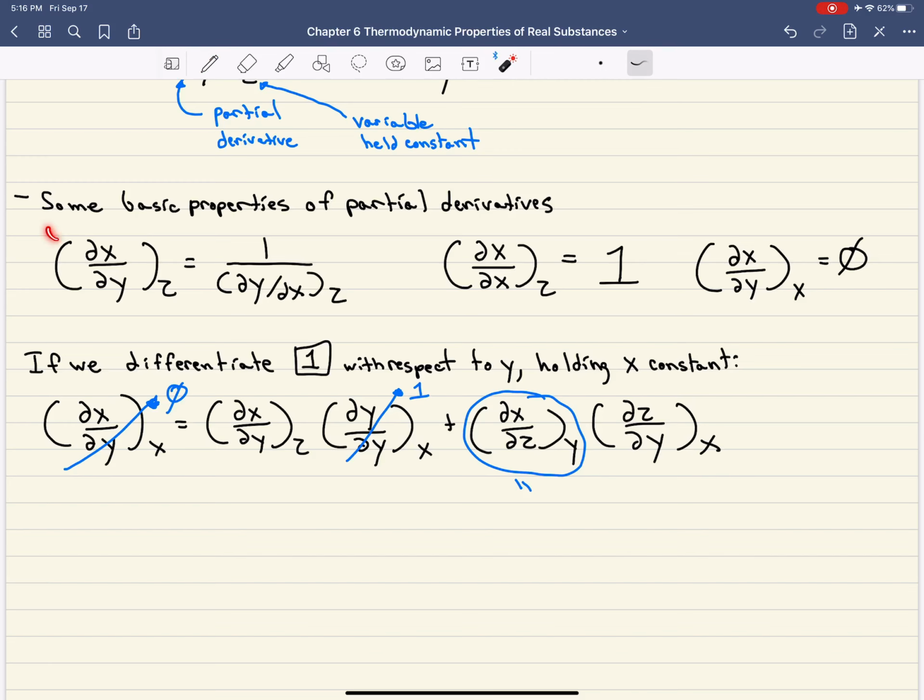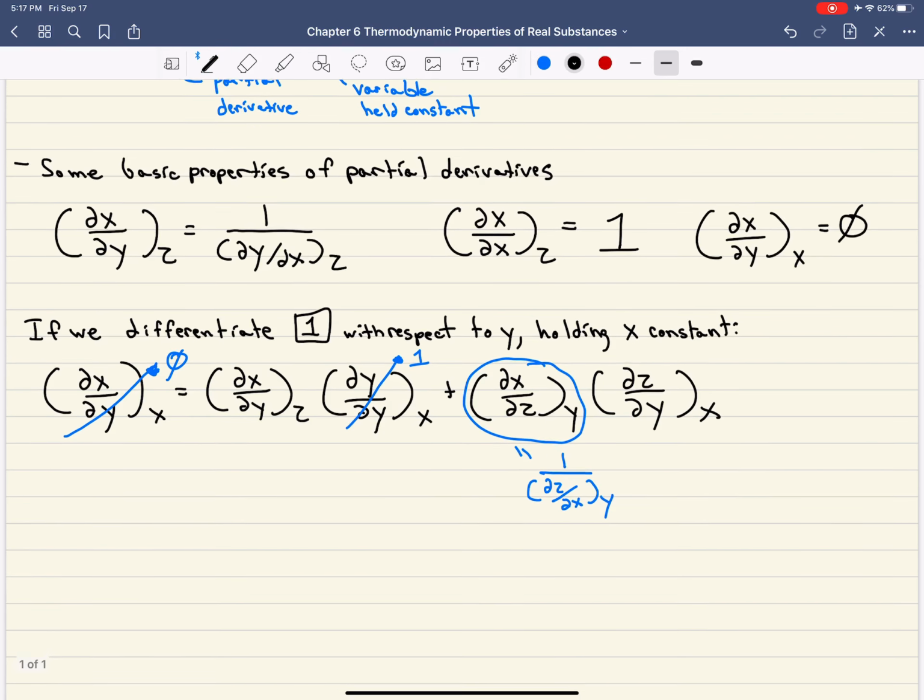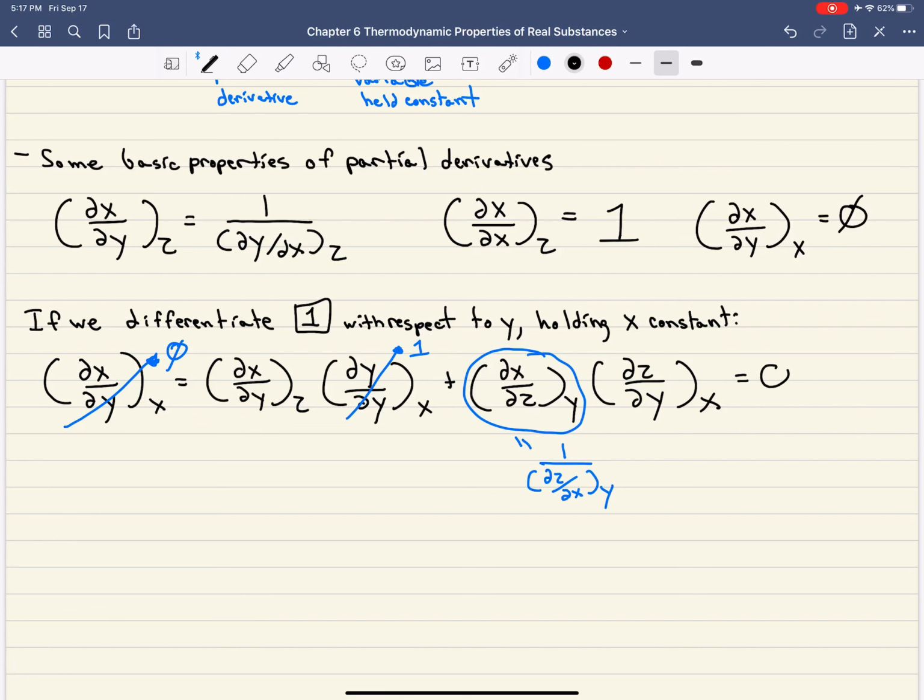Using this little reciprocal rule that we have, we could also say that this is equal to 1 over (∂z/∂x) at constant y. Okay? All right, in any case, with applying these three basic properties, we could rearrange this equation. So just to be clear, this is equal to 0.